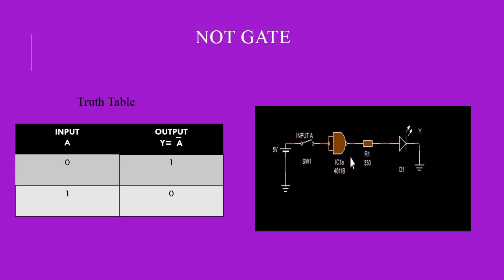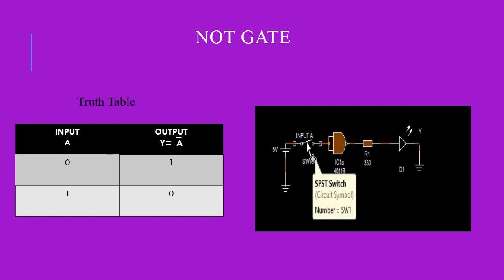So, this is the circuit implementation of the NOT gate by using a NAND gate. We know that a NAND gate has two inputs. If we short circuit the two inputs, then we get one input. So here we short circuited the two inputs of the NAND gate, and from this one connecting wire is connected with a switch, that is switch 1.